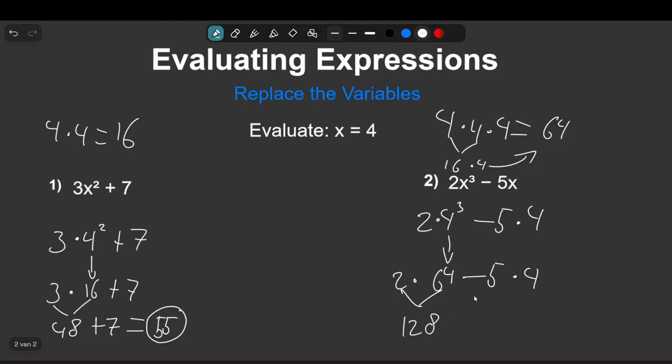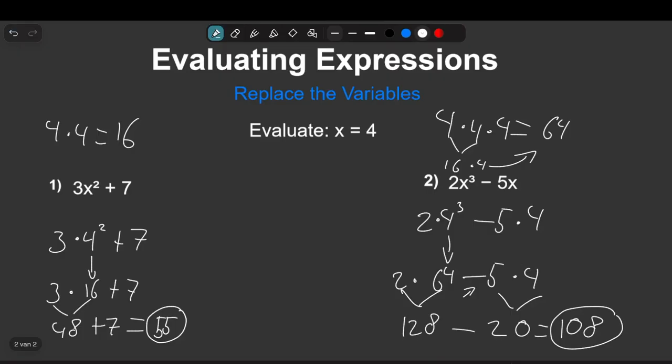So we are done with the left side. Now we can go over to the right side. The right side, we have to do 5 times 4. 5 times 4 equals 20. And we can just bring our subtraction straight down. And now we have 128 minus 20. And of course, this will equal 108 for our final answer.